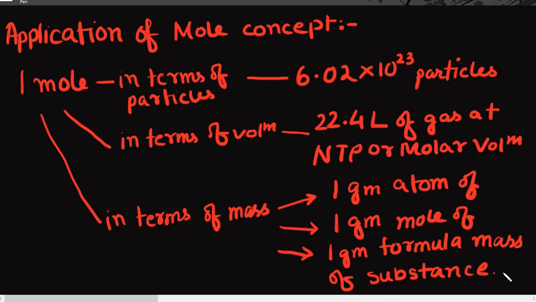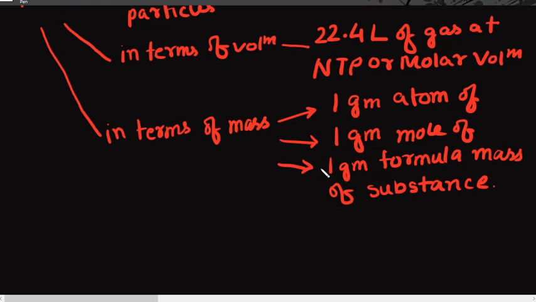So with the use of the above definitions, the mole concept can be used to do various other calculations as shown. There are various formulas to calculate the number of moles. Here we will be discussing 3 different formulas.